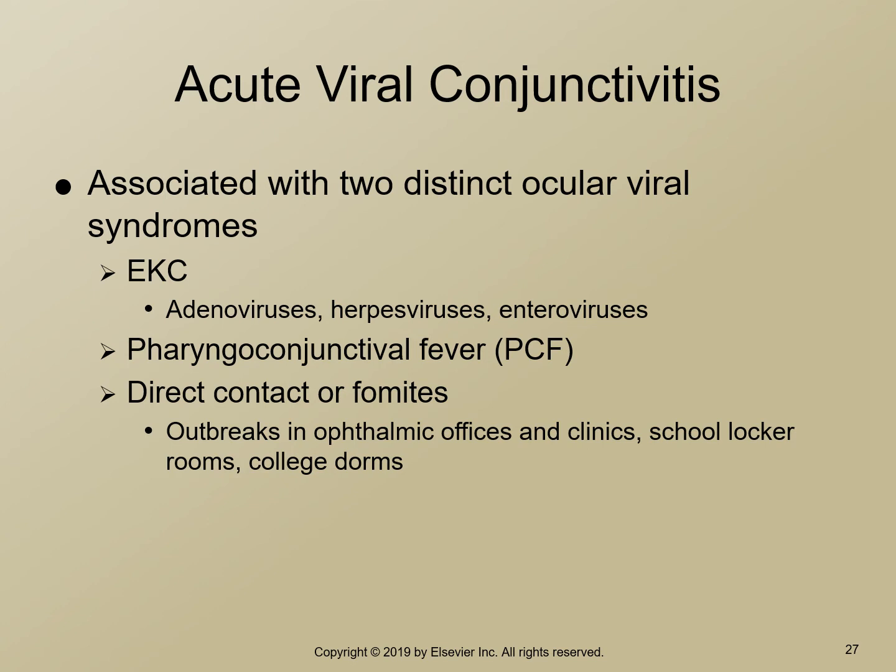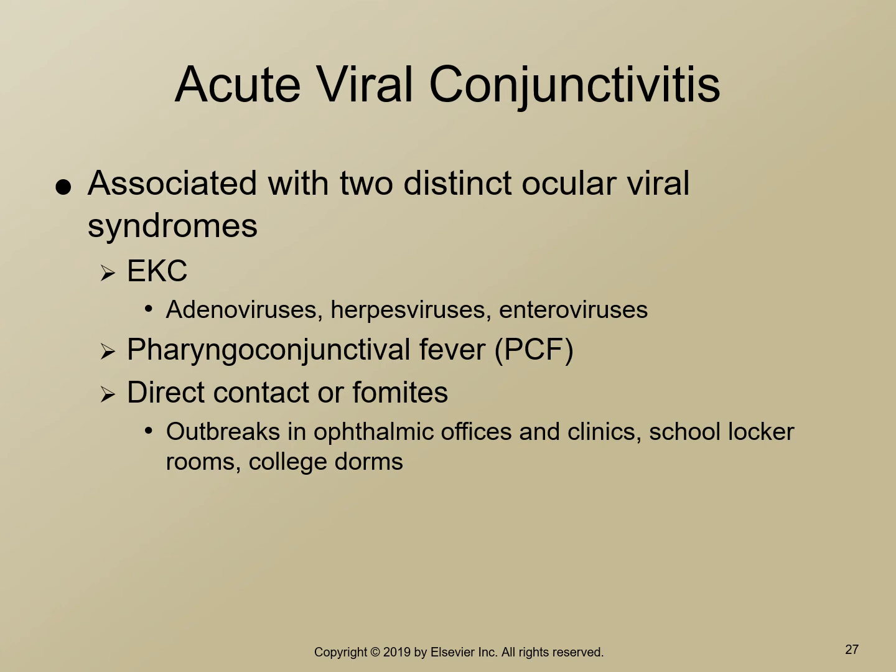PCF is frequently caused by adenovirus type 3 and occasionally other serovars such as 1, 2, 4, 5, 6, 8, and 14. Both of these syndromes are self-limiting and have no specific treatment. PCF lasts about 10 days and EKC can last 3 to 4 weeks.